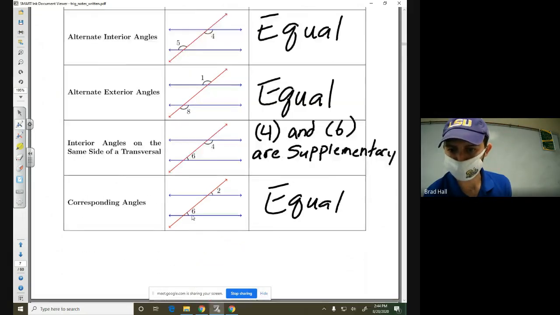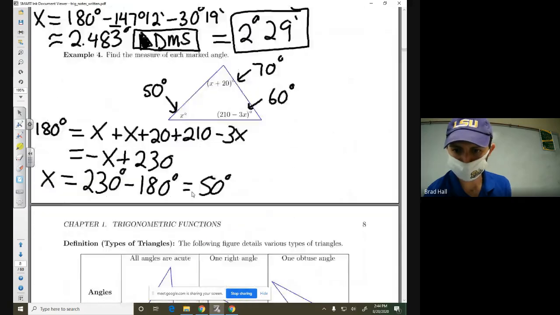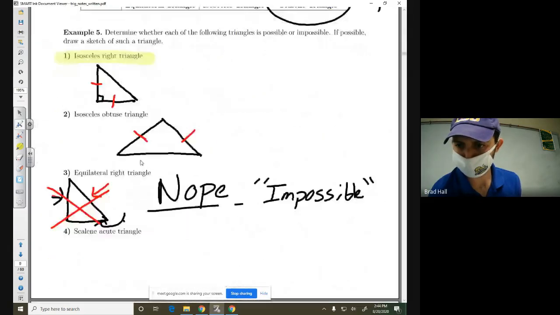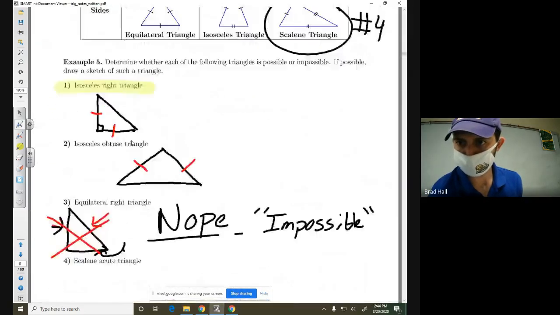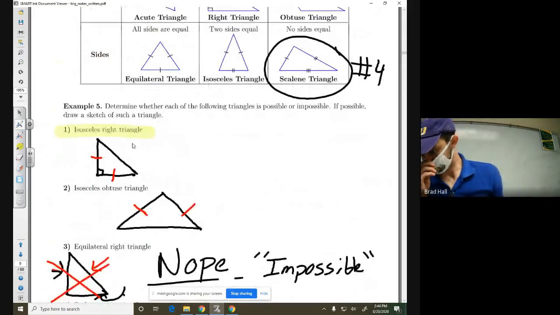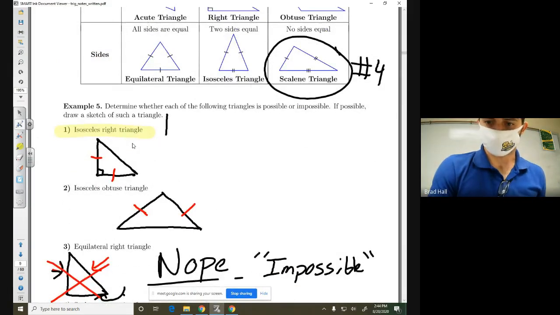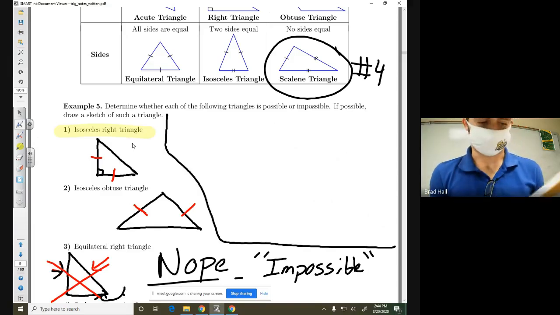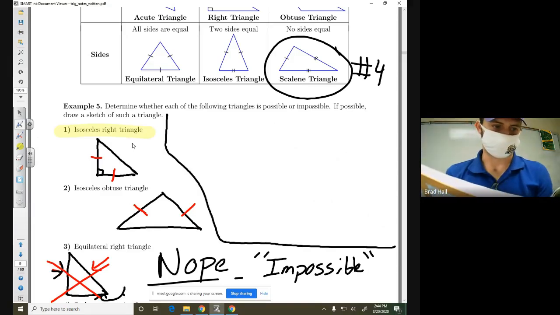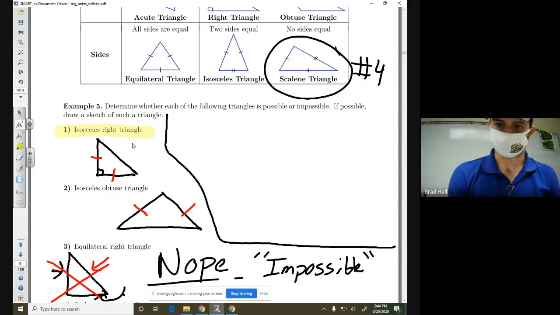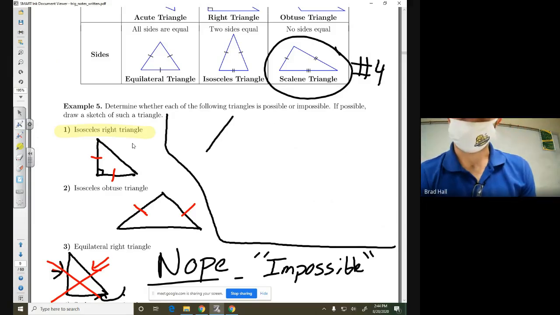Let me find a place to draw it. I'll fit it in right here. Because when I assigned this over the summer, students, I think almost every student got this one wrong because of lack of context. So it's some triangle.